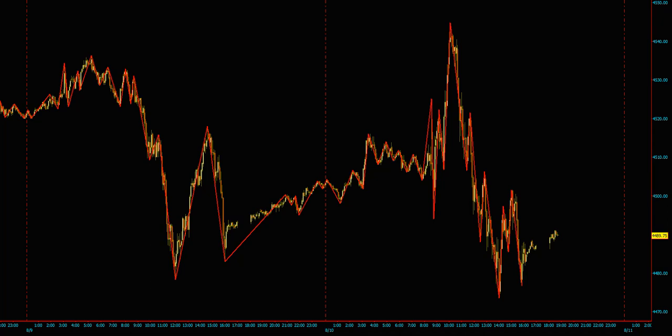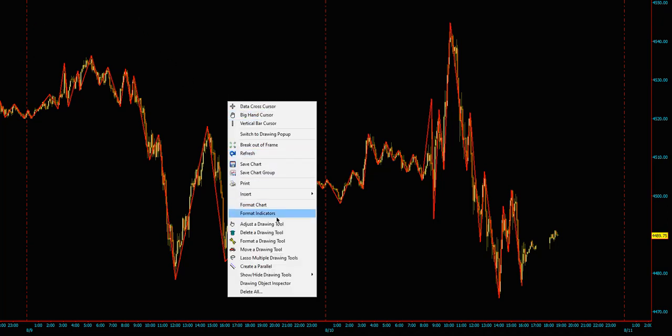Hello friends, welcome back. In this quick demonstration, we're going to talk about the Tesla quarters and the rhythm it has in our markets. For demonstration purposes, we have picked up the 5-minute chart of ES.